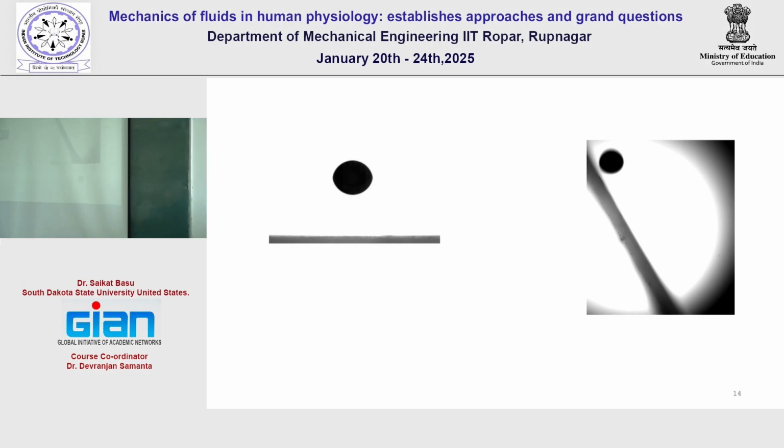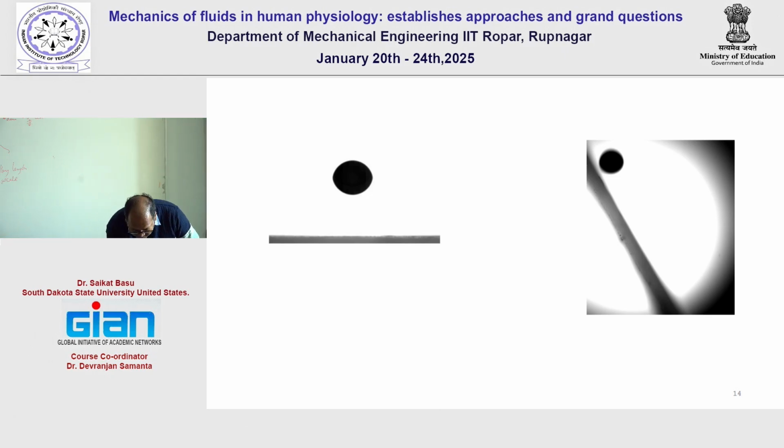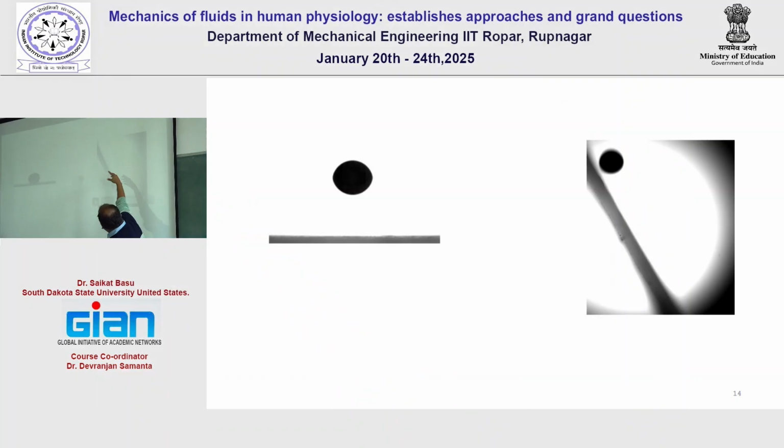On the other hand, with the same polymer concentration, you can see on the inclined plane, where a droplet is falling down, how much it gets stretched. This is 60 degrees, but you can see the stretching with a much more powerful lens.